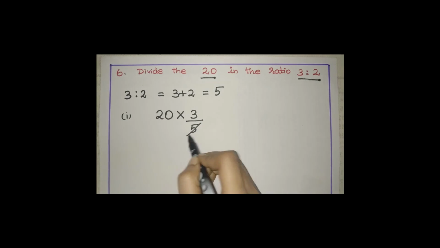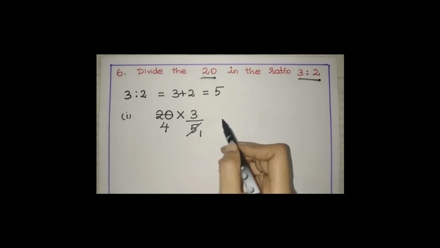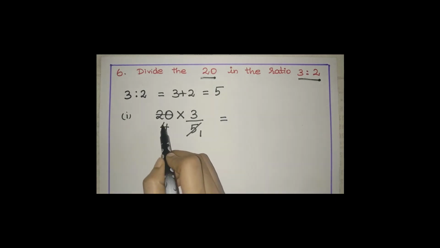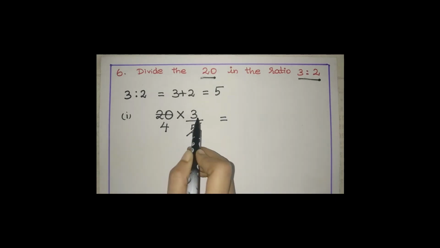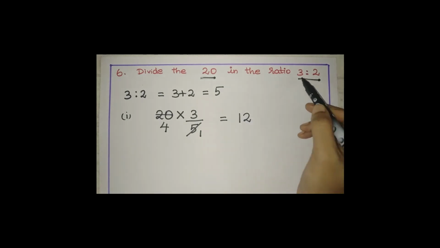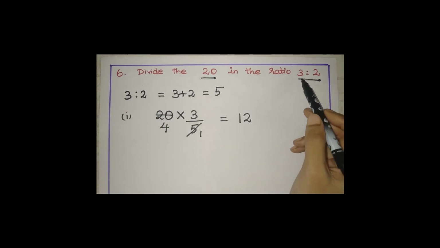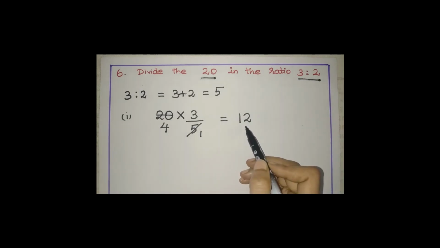So you can cancel 1 times and 4 5s are 20. So remaining 4 into 3. 4 3s are 12. So I am finding this 3. So I am getting the value for the 3 part is equal to 12.